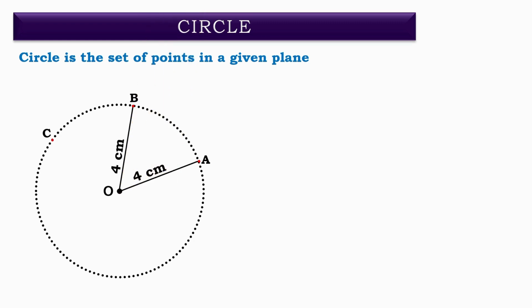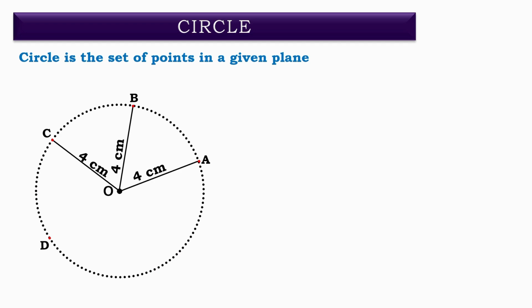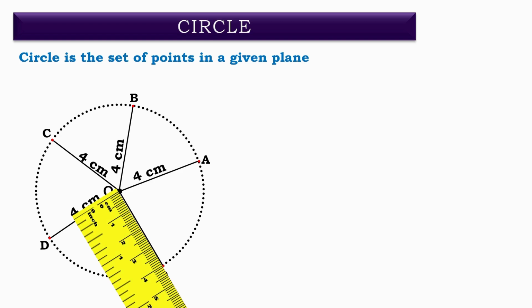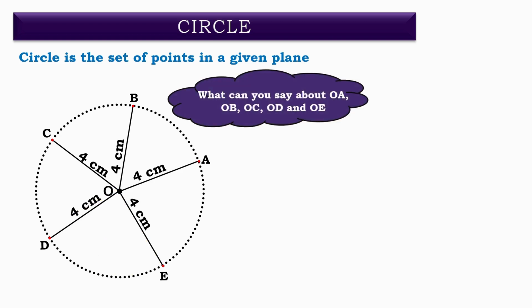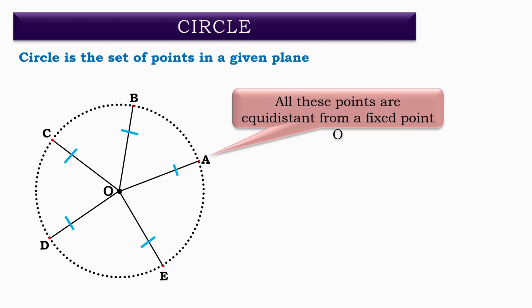Let us take another point C, and the measurement will be the same, 4 centimeter. Another point D, this is also 4 centimeter. Another point E, this is also 4 centimeter. Now what can you say about OA, OB, OC, OD and OE? These all are equal, right? So all these points are equidistant from a fixed point. A, B, C, D, E all are equidistant from the fixed point that is O, right?